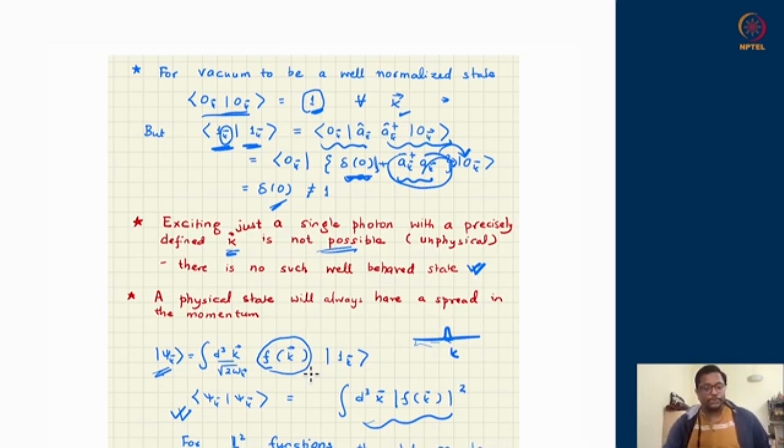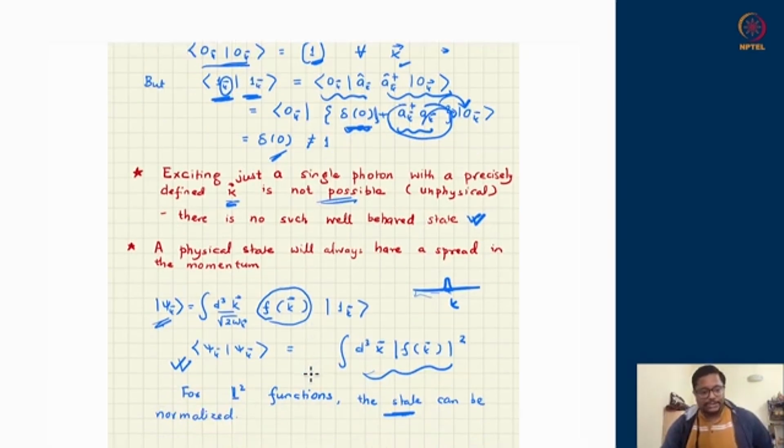That is barred from you. If you demand precise knowledge of momenta, then the wave will become a plane wave in position space, and therefore you would not have normalizability. So in order to have a normalized state, you need to have some superpositions of k, and therefore your states in position space cannot be plane waves. So this is what is exactly replicated here as well.